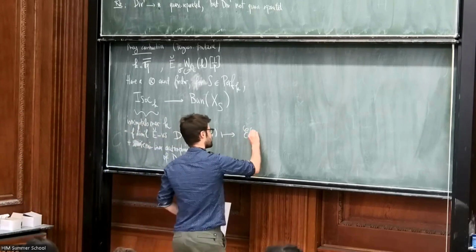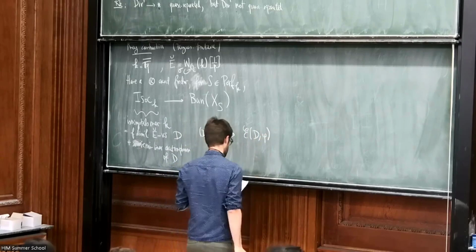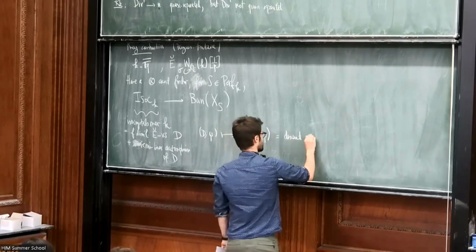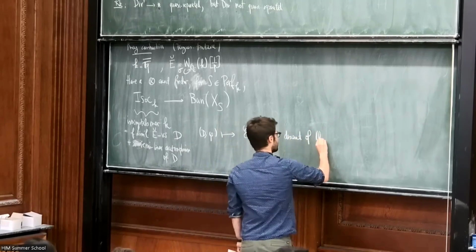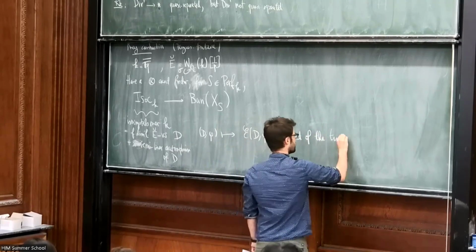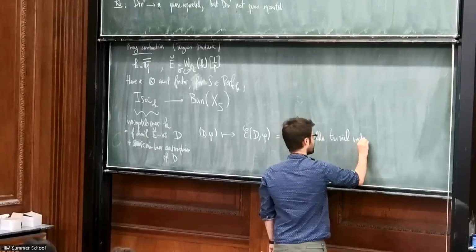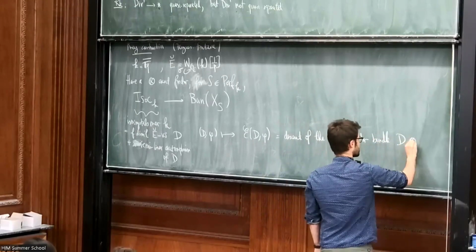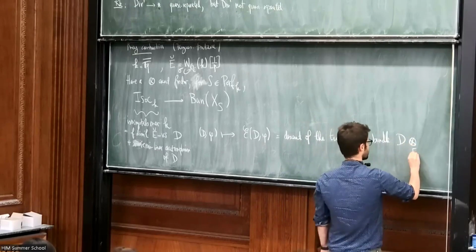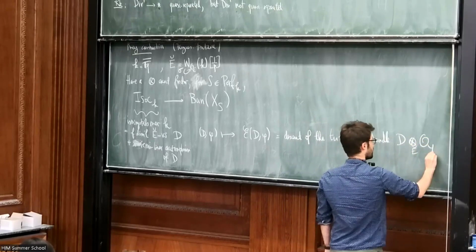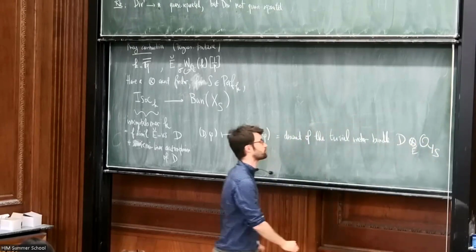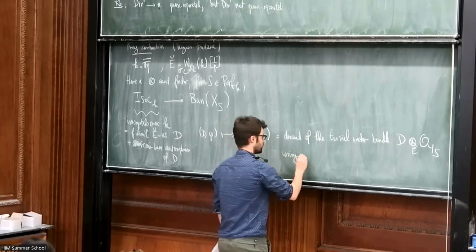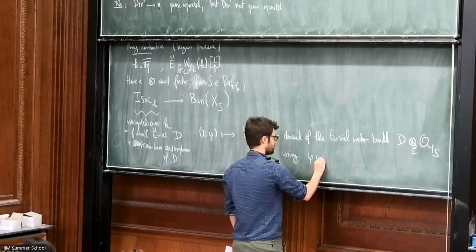And so the corresponding vector bundle, E_(D,phi), is just what you get by descending the trivial vector bundle D times O_{Y_S} using the diagonal phi action.